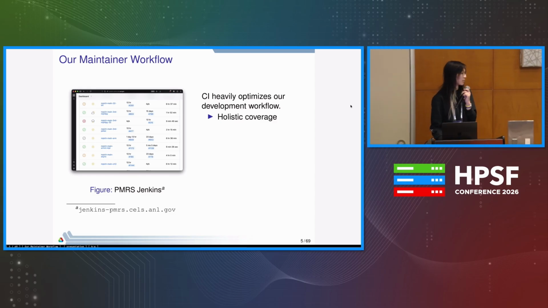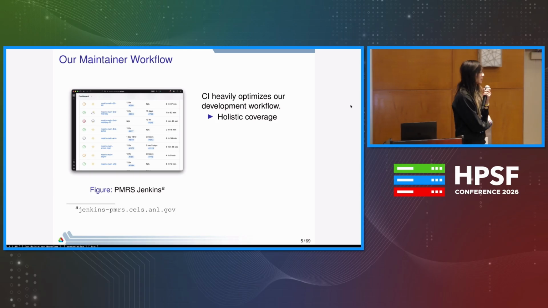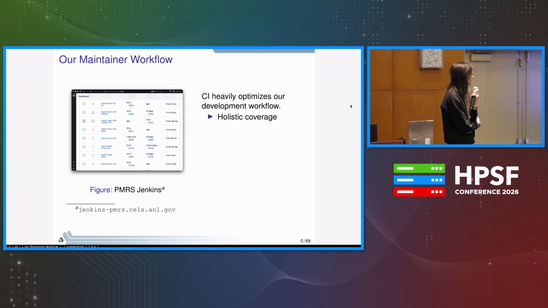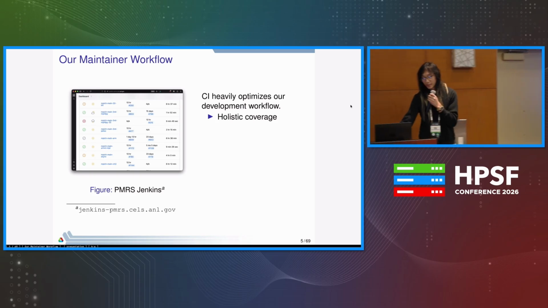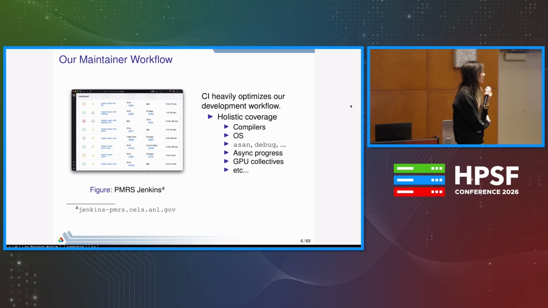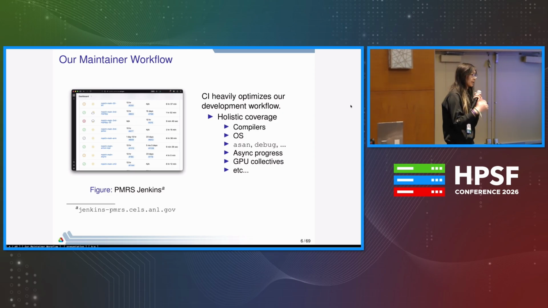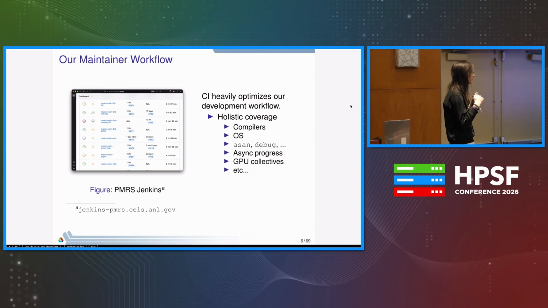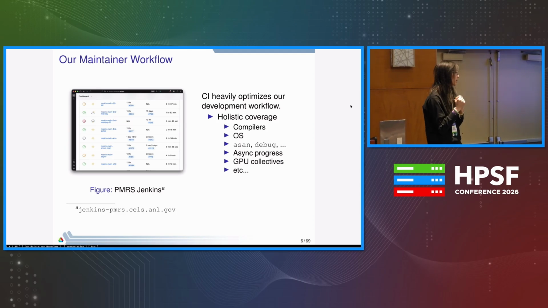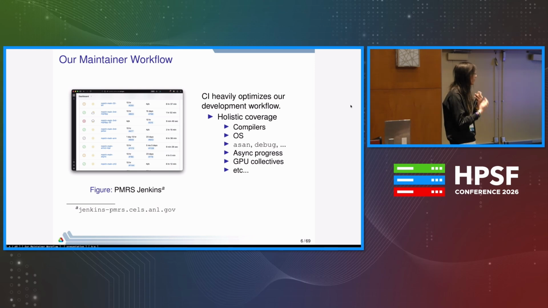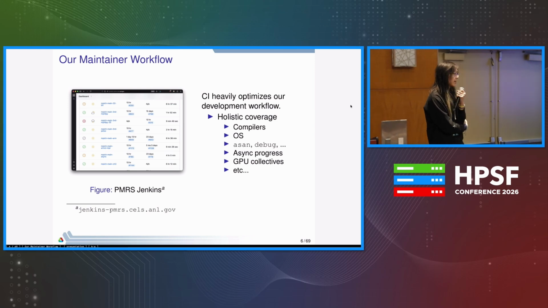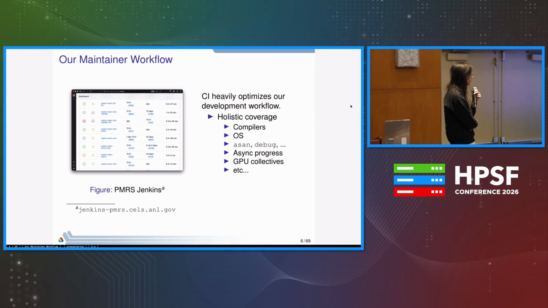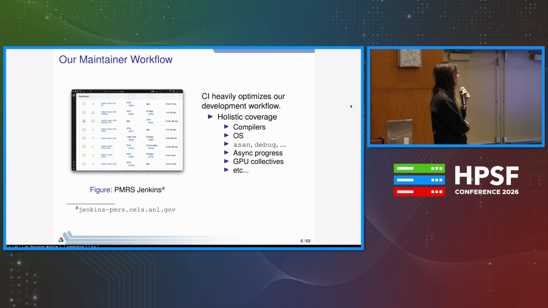The primary benefit of our CI suite is that we have holistic coverage from it. We test a multitude of configurations for MPICH. We'll try different compilers and different operating systems: BSD, Linux, macOS, x86 and ARM, Apple Silicon. We'll try different configuration options: debug builds, address sanitizer builds.